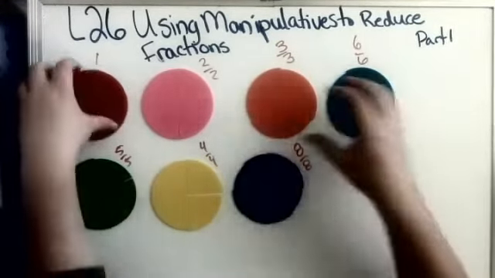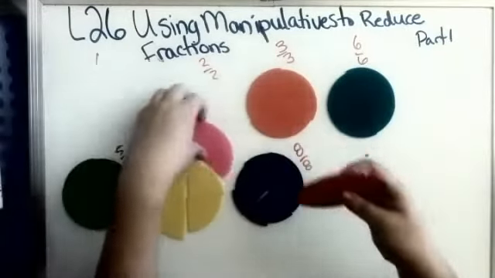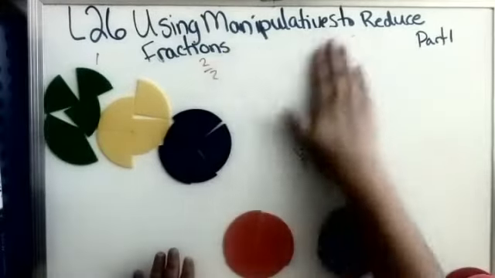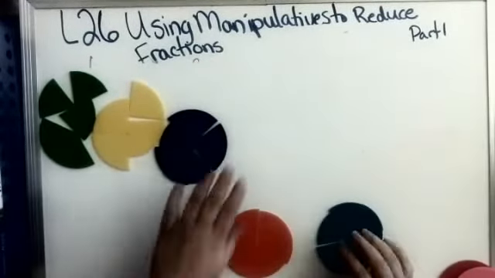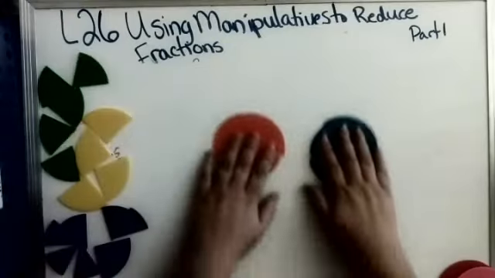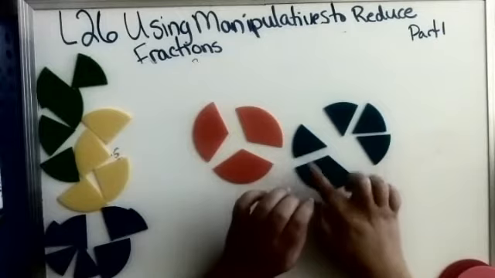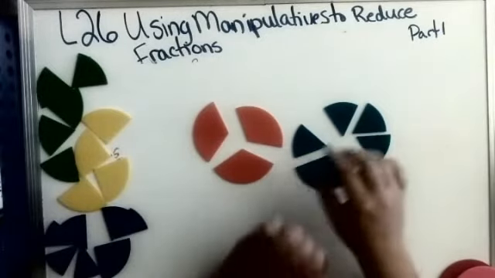So if we take these, we're going to look at these two, thirds and sixths. These are thirds, these are sixths. 1, 2, 3, 4, 5, 6, 1, 2, 3.